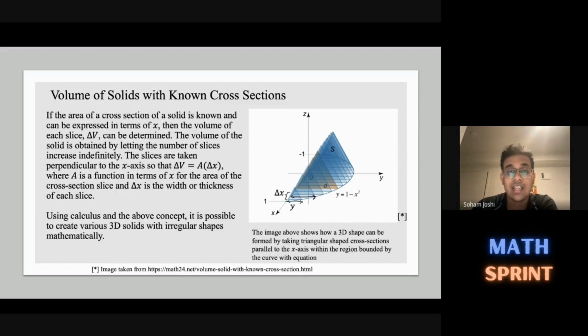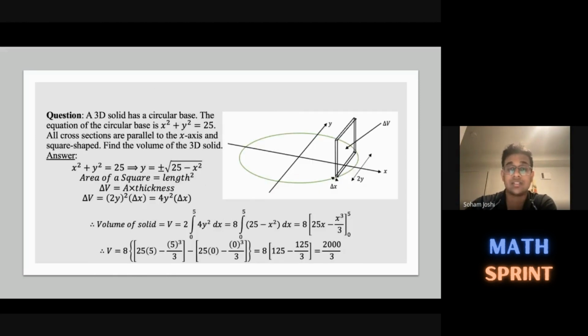The slices are taken perpendicular to the x-axis or some other specified axis, so that delta V is equal to A times delta x, where A is a function of x for the area of the cross-sectional slice, and delta x is the width or thickness of each slice. Using calculus and this concept, it's possible to create various 3D solids with irregular shapes mathematically and calculate their volumes and surface areas. So let's do a sample problem.